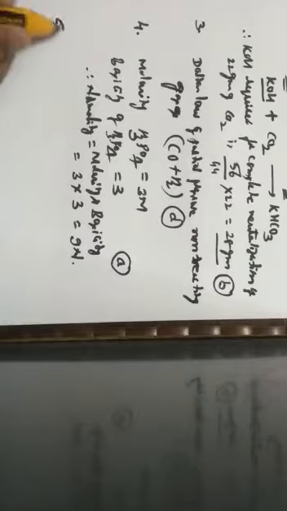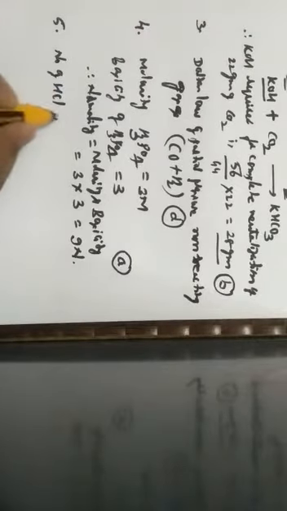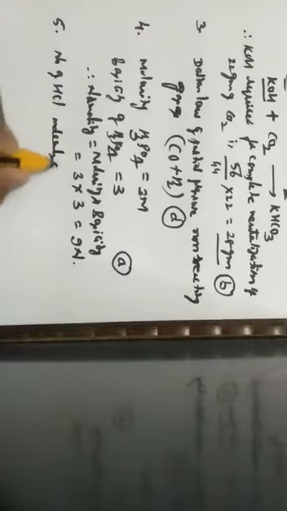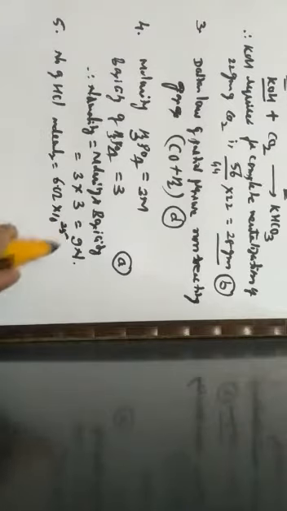Next one, question number 5. The number of gram molecules of chlorine in 6.02 into 10 to the power of 25 hydrogen chloride molecules is. It has been given that the number of hydrogen chloride molecules is equal to 6.02 into 10 to the power of 25.